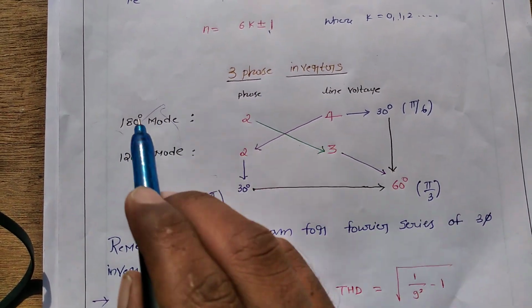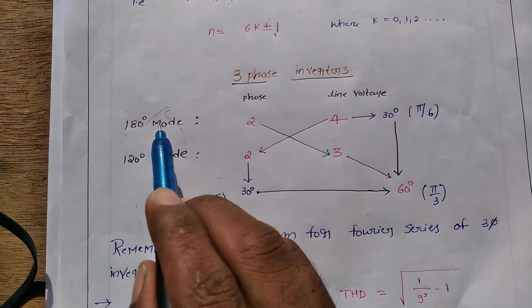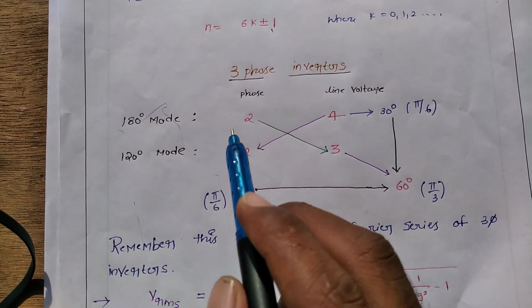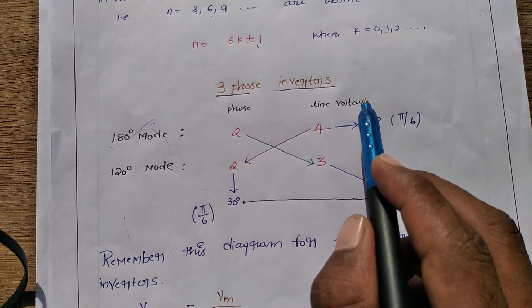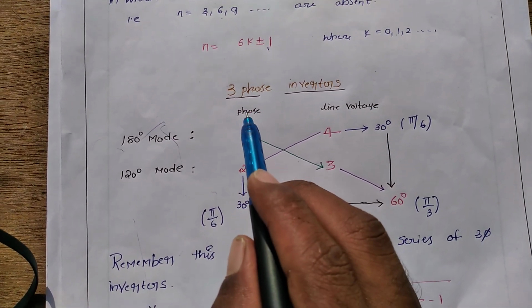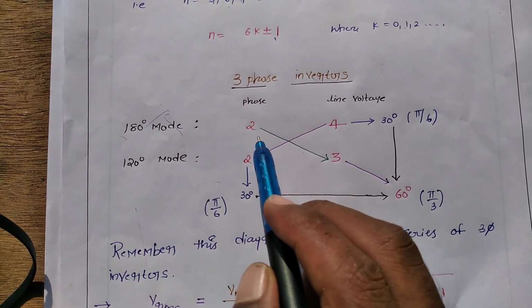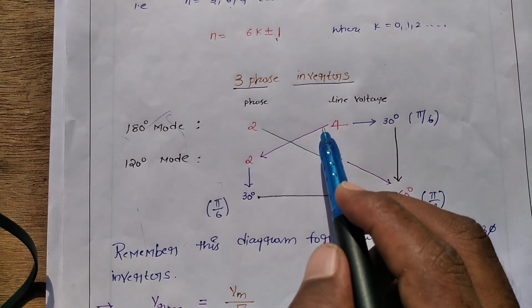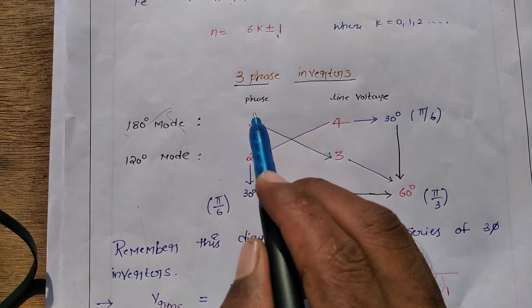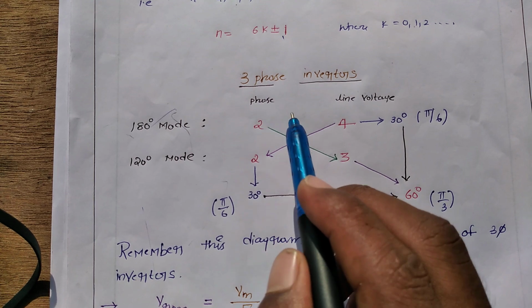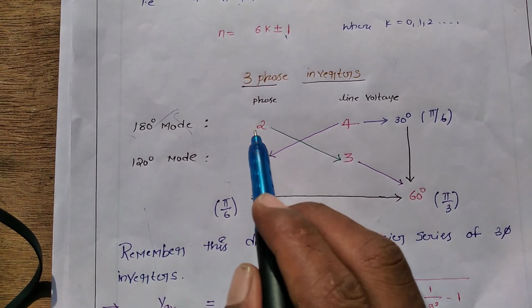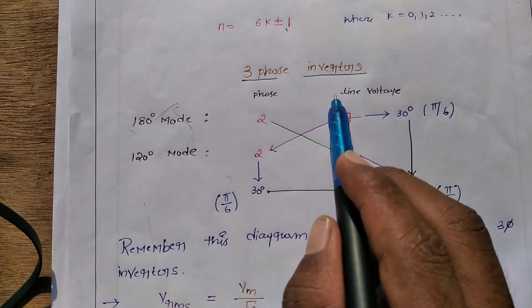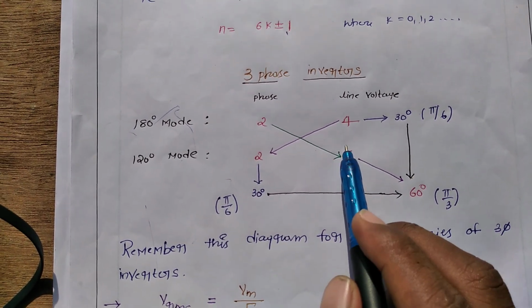In three phase inverter you have two modes, that is 180 degrees mode and 120 degrees mode. This is for phase voltage and this is for line voltage. For phase voltage the factor is 2, and for line voltage the factor is 4. So remember this: for 180 degrees mode, phase voltage factor is 2 and line voltage factor is 4, and for 120 degrees mode the phase voltage factor is 2 and the line voltage factor is 3.